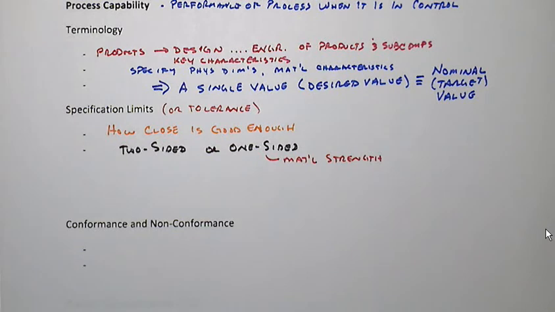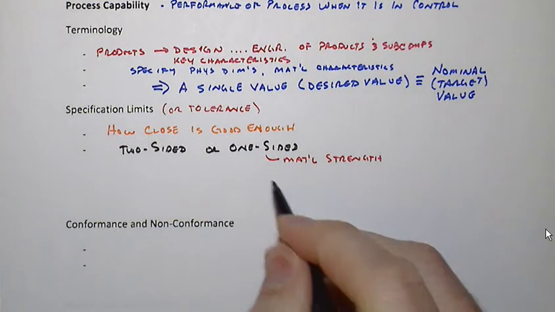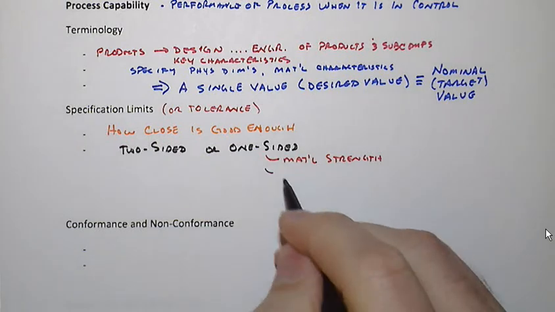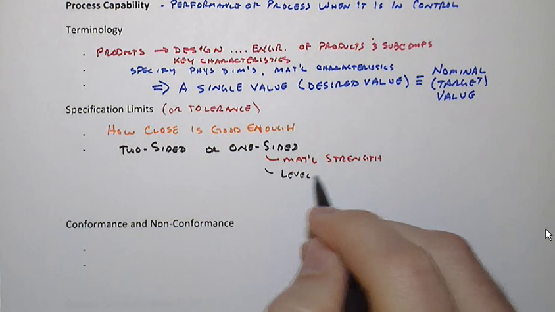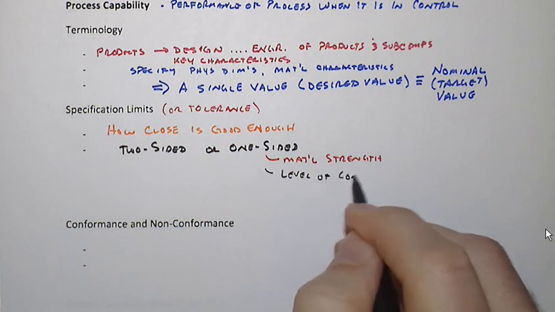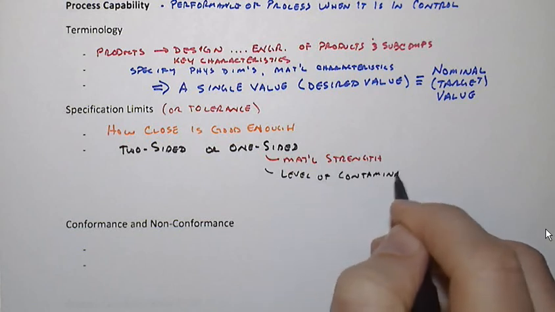Another example of maybe a 1-sided specification limit might be, for instance, the level of contaminants in a water supply.